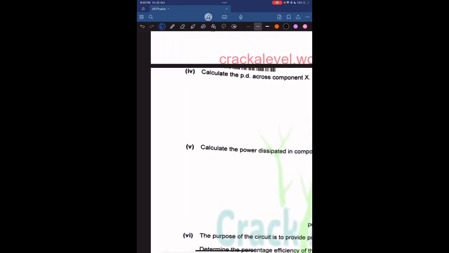So we'll use again V is equal to IR, and we need to find the voltage across it. So we know that the current across it is 5.7 multiplied by 2.4. Let's see, I think for this I got 13.68.